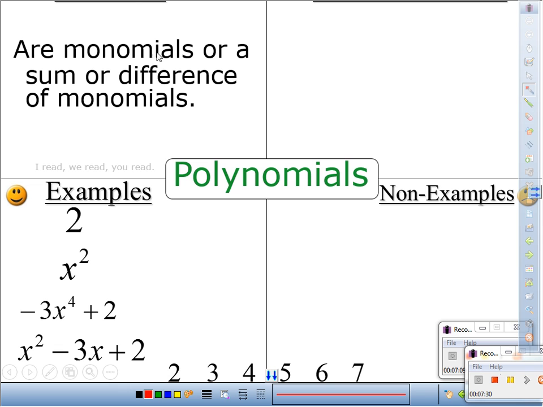The word monomial can be broken down into two words. One word is mono, which means one. The other word within that same word is nomial, which means parts. So this one, monomial, means that it's got one part. Does everybody see that? Okay?